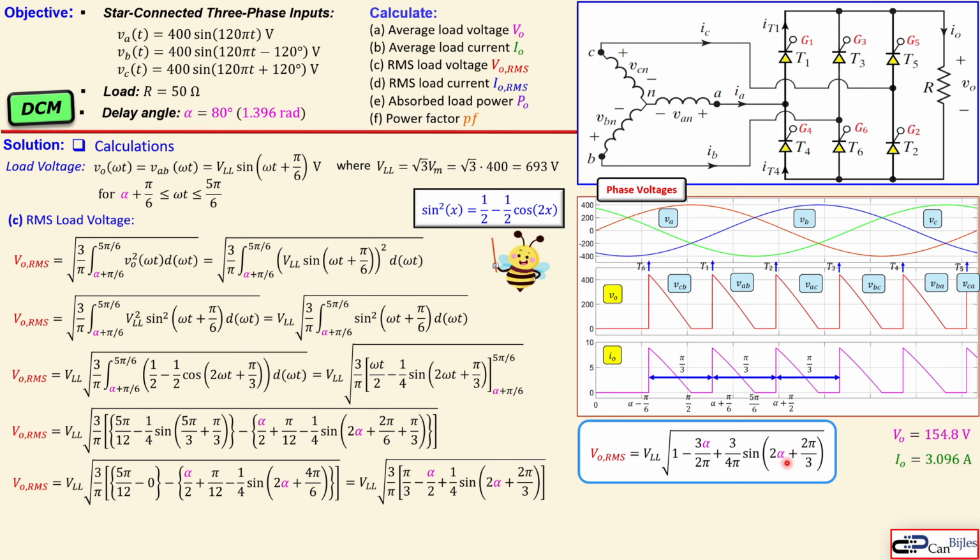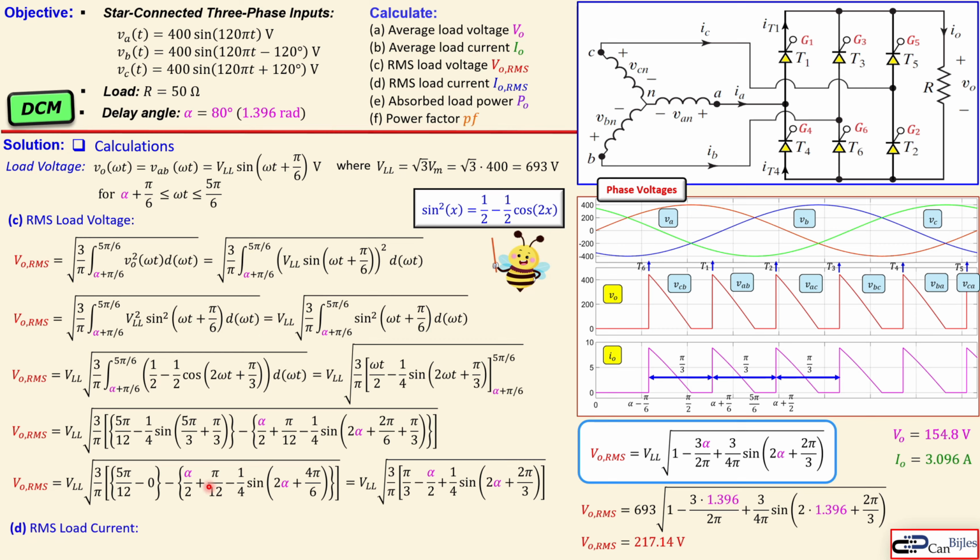So we have now our expression, depending on the alpha we have chosen. And this alpha is again in radians. So if you substitute that here, again also your VLL, here 3 times the radians, the delay angle, you get 217.14 volts.